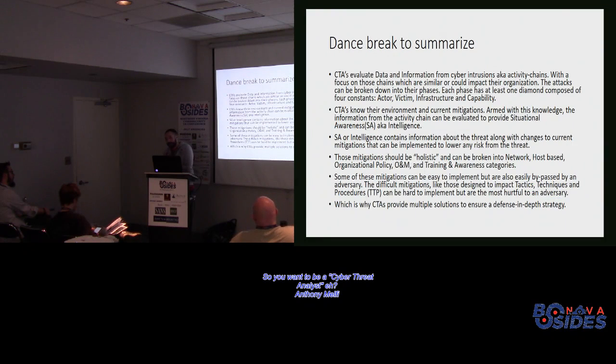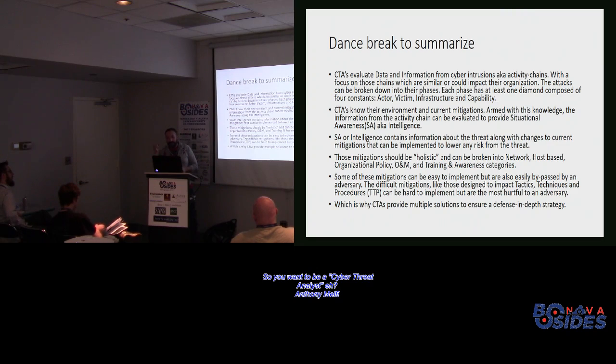All right, so, dance break, to summarize. CTAs evaluate data and information from cyber intrusions, aka activity chains. That's multiple attacks going on, with a focus on those chains with a similar or could impact their organization. The attacks can be broken down into their phases, which is really great.